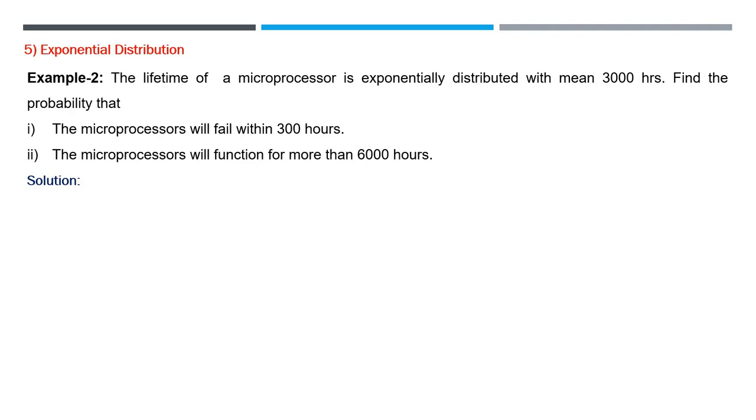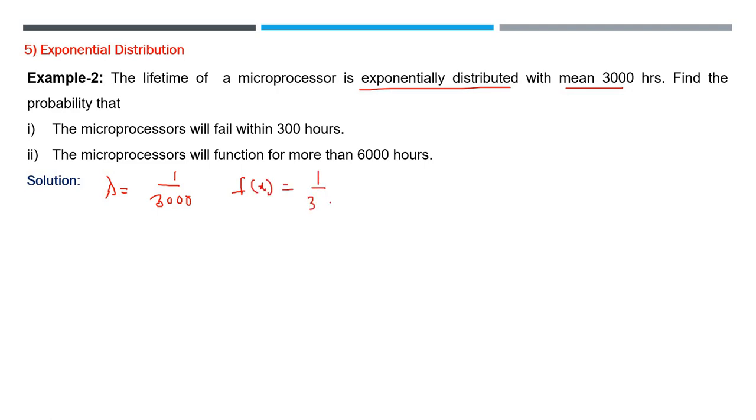Now let us take the second problem to understand the exponential distribution. The lifetime of the microprocessor is exponentially distributed with mean 3000 hours. So the mean is given as 3000 hours, so lambda is equal to 1 upon 3000. Lambda value is equal to 1 upon mean, so that we have calculated. So how to define the function f(x)?